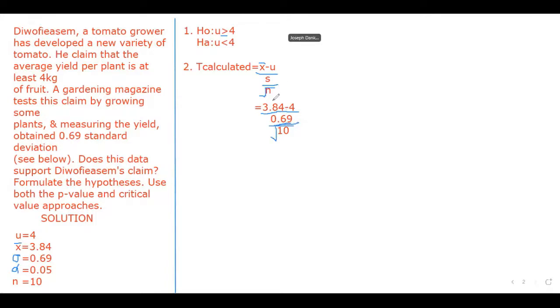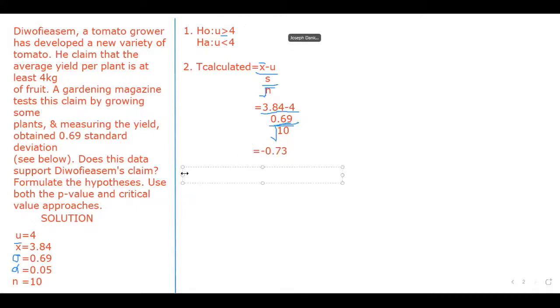The denominator is the square root of 10. So giving the answer, I had negative 0.73. Perfect. So this is our T calculated.